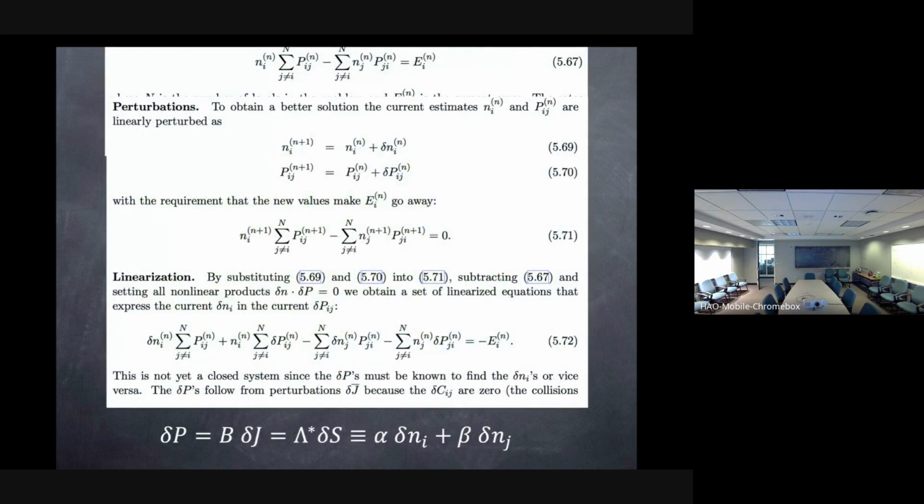Okay. So basically, the only new thing here is that we compute an error term. We have some kind of guess at the solution already. Now, these are the J plus C's, and we know that we don't have a solution yet. So what we do is we compute statistical equilibrium, and we find it's out of equilibrium. This E_i represents, for each level n, for each iteration n, an error vector.